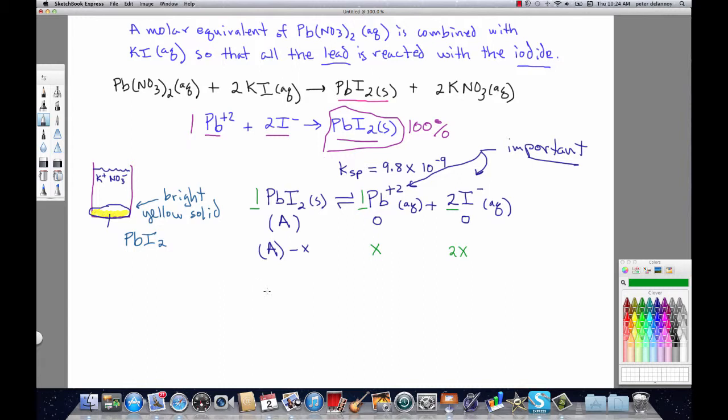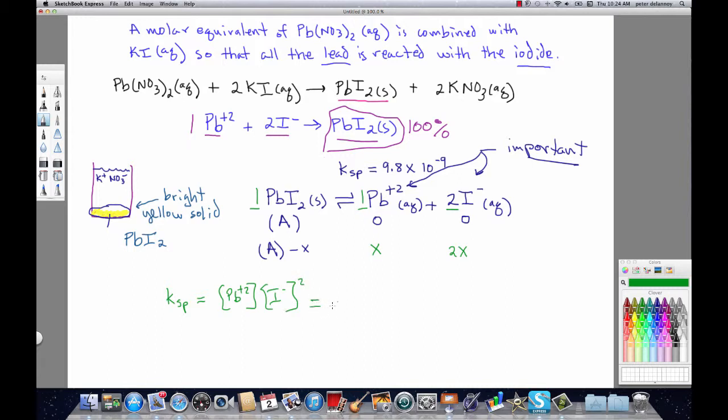Now we can set up our equilibrium expression. So Ksp equals the concentration of lead ion times the concentration of iodide raised to the 2nd power.